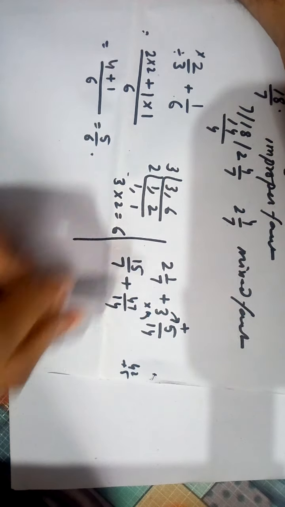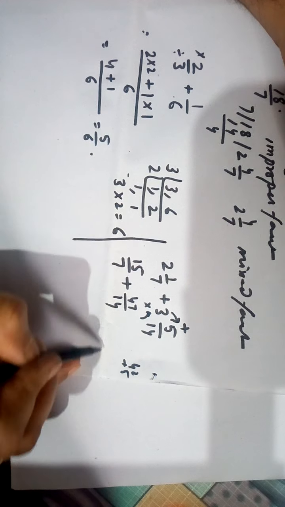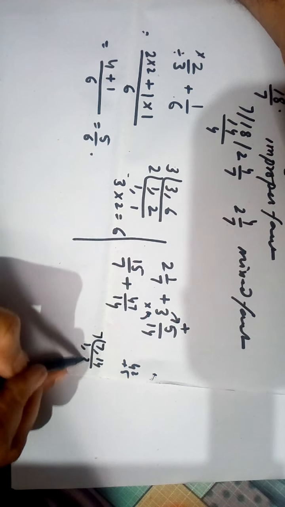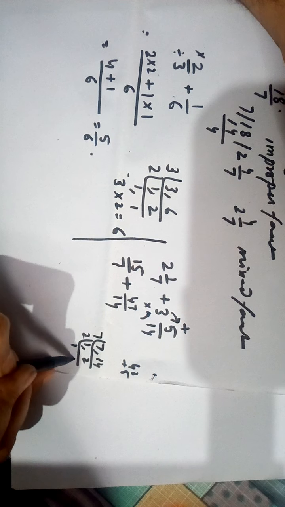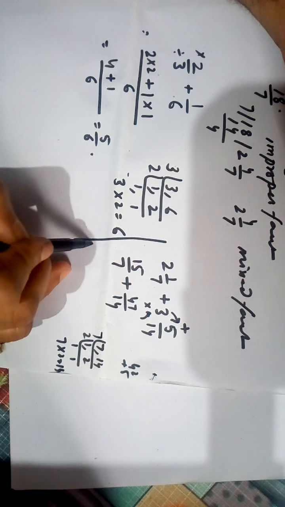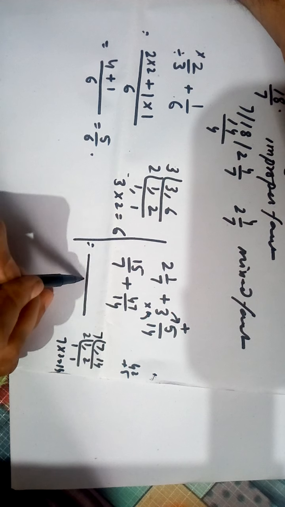Now same process, you have to find the LCM of 7 and 14. 7 times 1 is 7, 7 into 2, you get 14 as the LCM. Now draw one line, then 14.